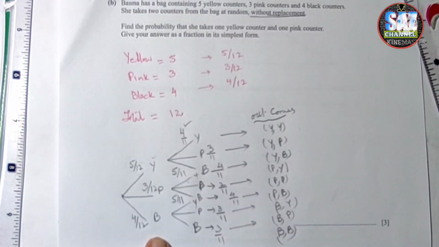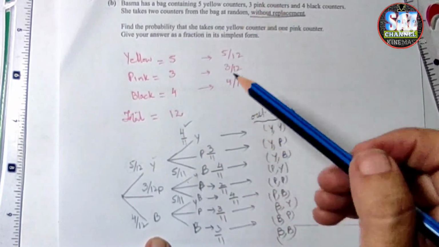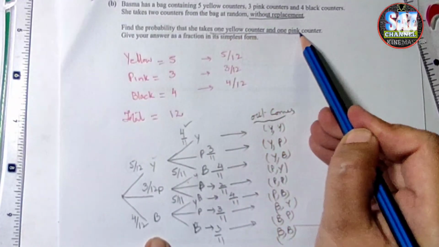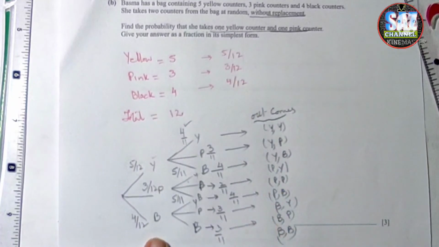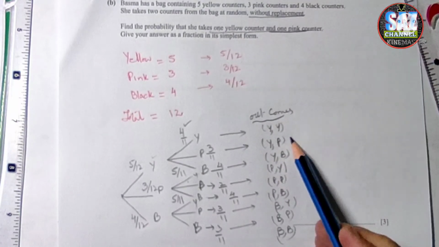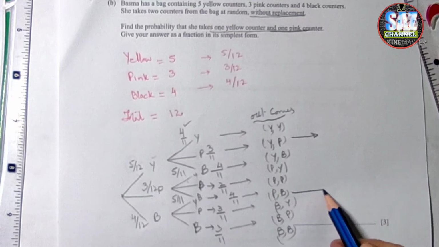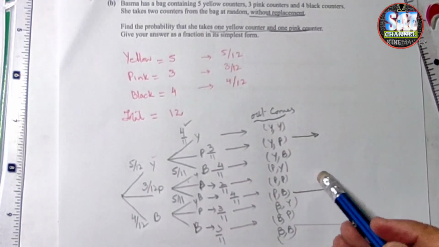And now let's once again read the question. It says, find the probability that she takes one yellow counter and one pink counter. Now try to understand that she is picking up one yellow and one pink, this situation, or one pink and yellow.